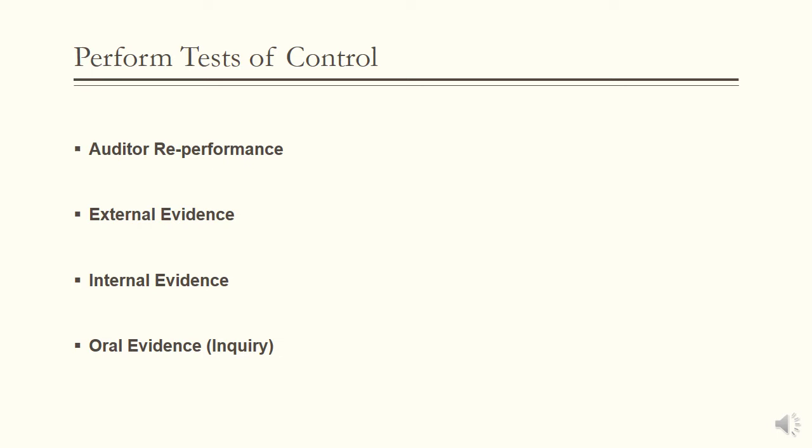Now, there are 4 primary types of control tests that an auditor can perform to verify their effectiveness. An auditor can re-perform the control activity, gaining their own knowledge of the process.